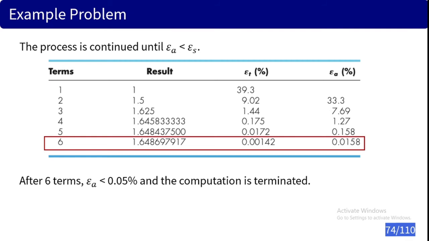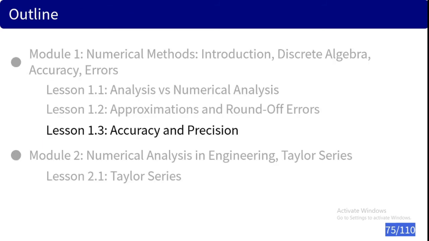So this is the significance of determining the approximate relative error. It is the criterion for when to stop or terminate the computation after setting our specified tolerance.